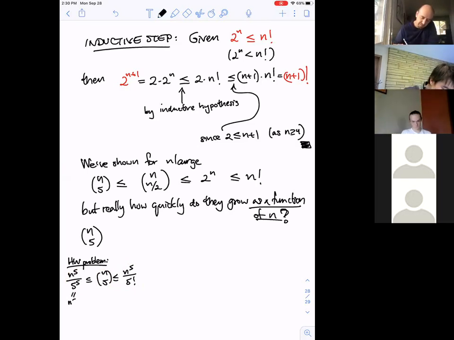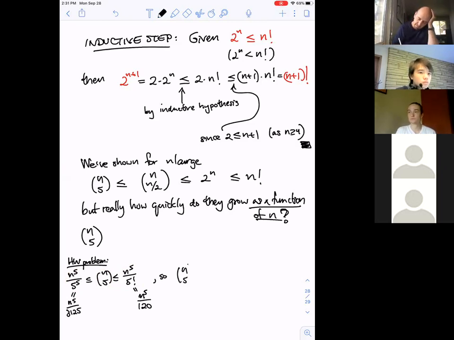This thing is n to the 5th over, what is it? 3,125, I wrote in my notes, but check me on that. That's what 5 to the 5th is. This one is n to the 5th over 120. And so the point is n choose 5 grows like some constant times n to the 5th.